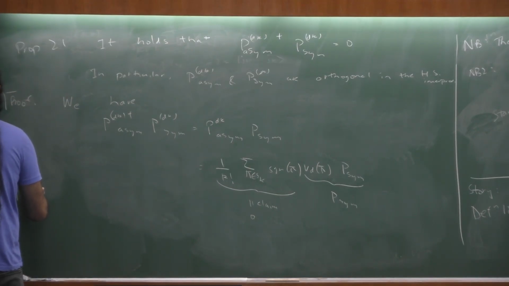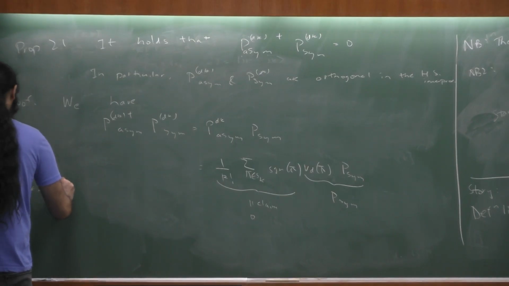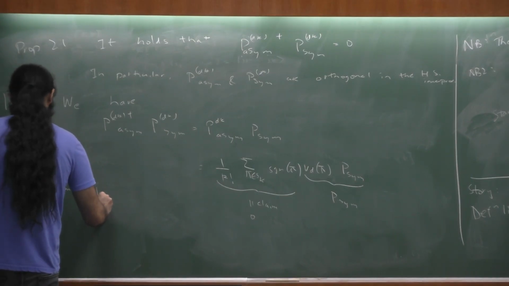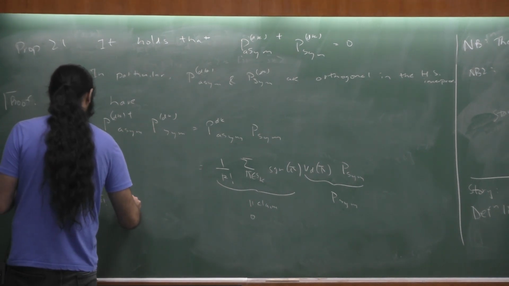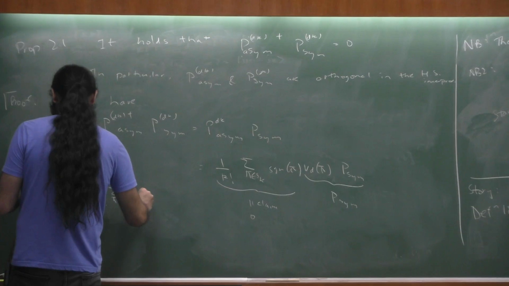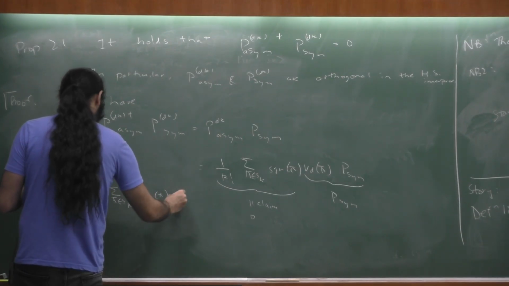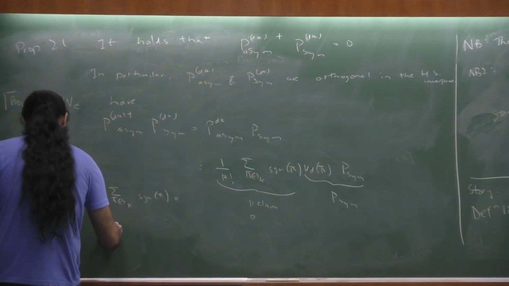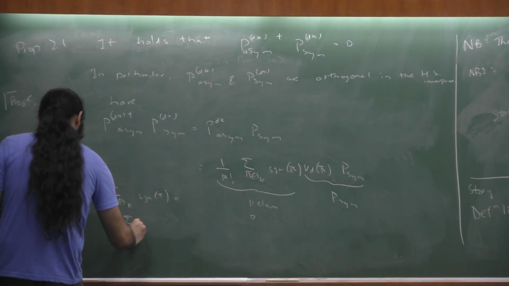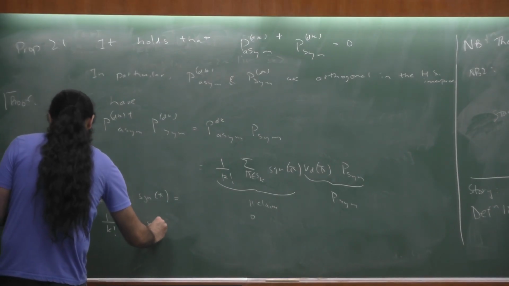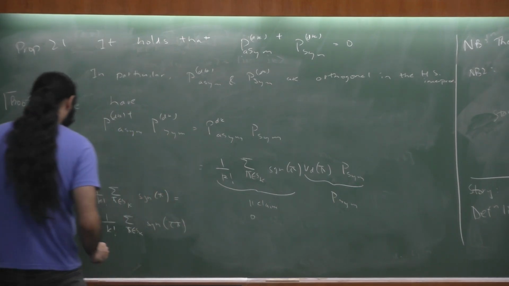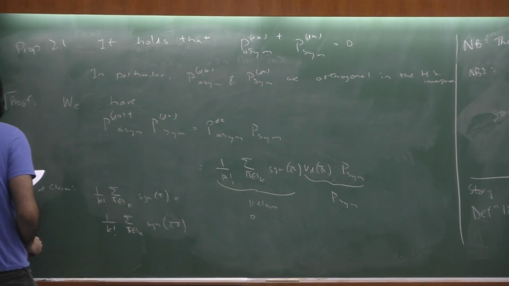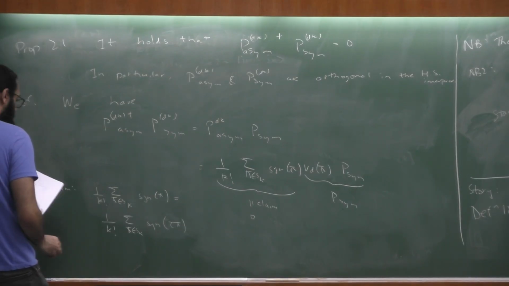So, proof of claim. It is that 1 by k factorial, sum over pi in S_k, sign of pi, is 1 by k factorial, sum over pi in S_k, sign of tau pi, because you're summing over all, right?